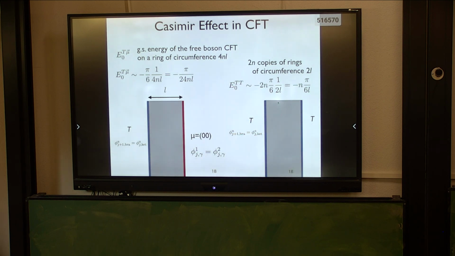And in our case, T is the same as before. So the Ket component of J's replica is connected to the Bra component of the next replica, J plus first replica. But this forced measurement outcome 0, 0 corresponds to phi 1 connected to phi 2. So phi 1, the field for chain 1, is connected to the field phi for chain 2 on the right boundary.